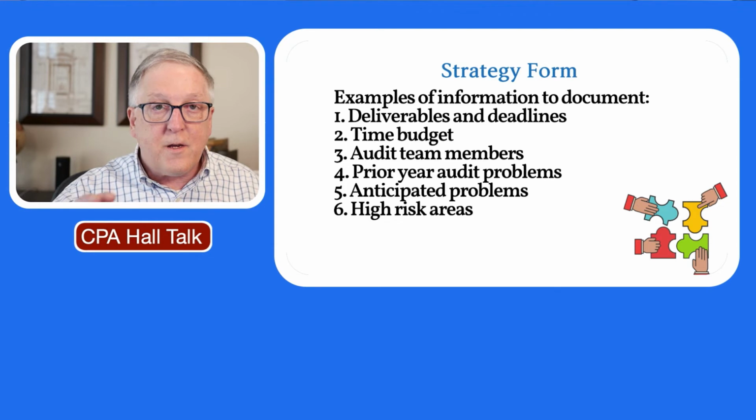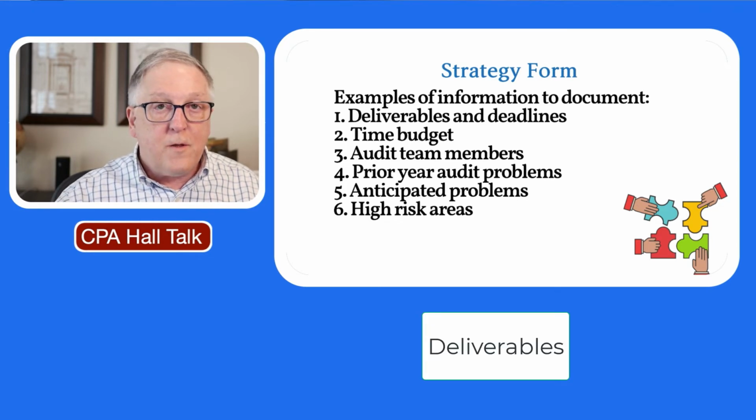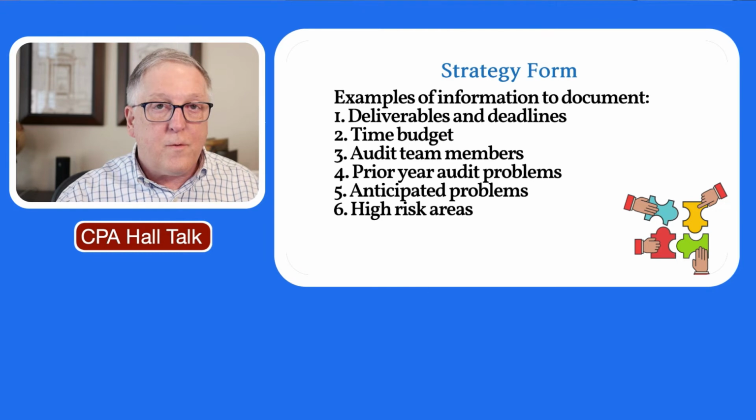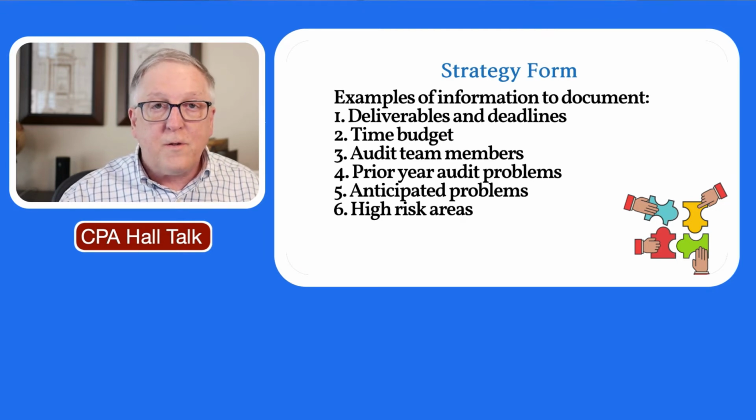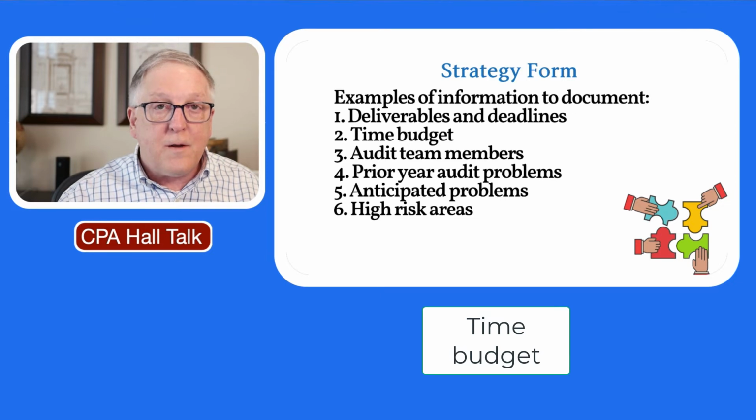So some of the things that would go into the audit strategy form would be the deliverables. So if you're doing an audit report on April the 15th, and then say you're going to do the single audit 2 months later, then you'd want to specify the deliverables and what those deadlines would be. Number 2, the time budget.